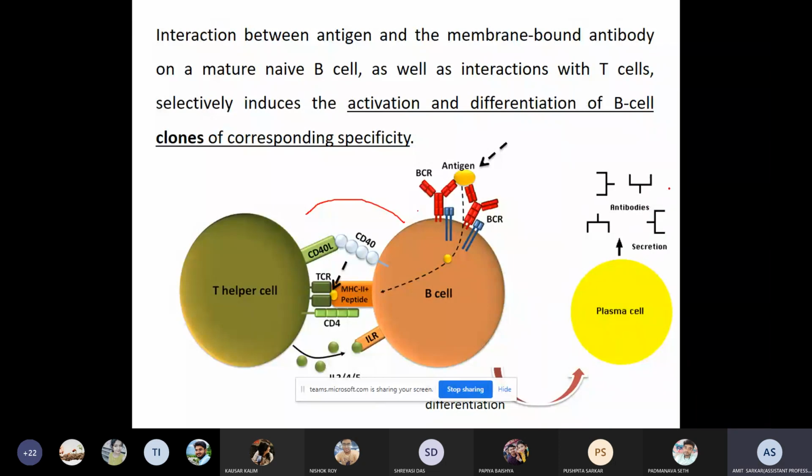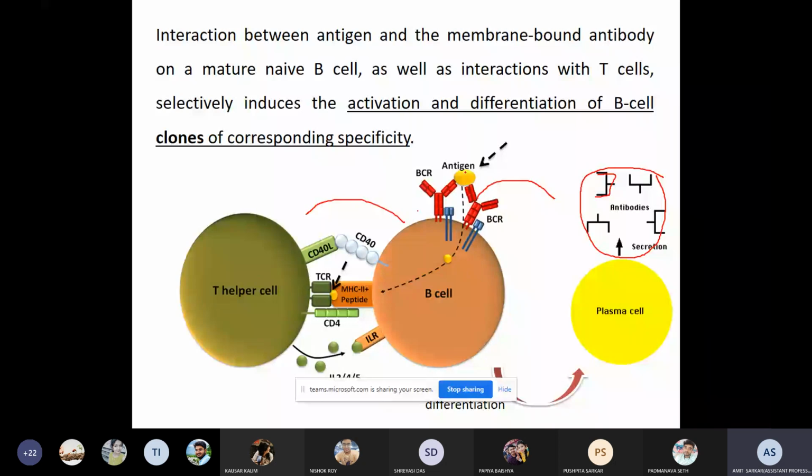Now you see these are the secreted antibodies, soluble in blood, soluble in lymph, not membrane bound, soluble. But all these antibodies are actually just replicas of this membrane-bound antibody. Why do you need to have replicas? Because otherwise they will not be able to bind to this antigen.